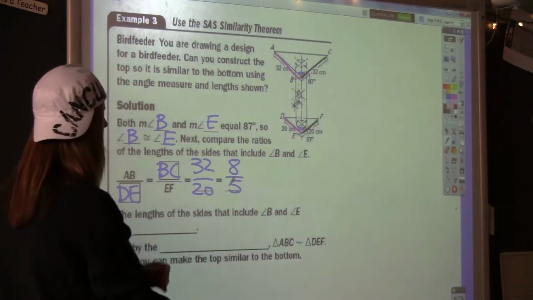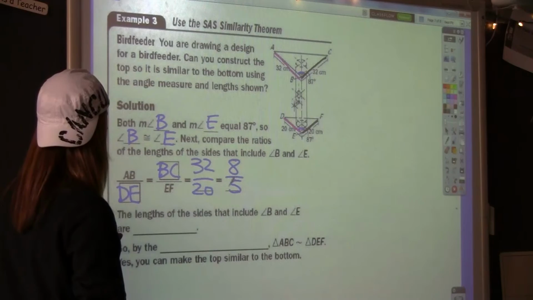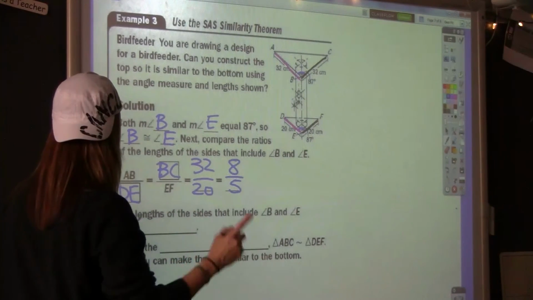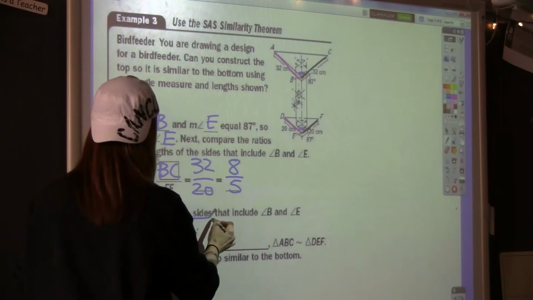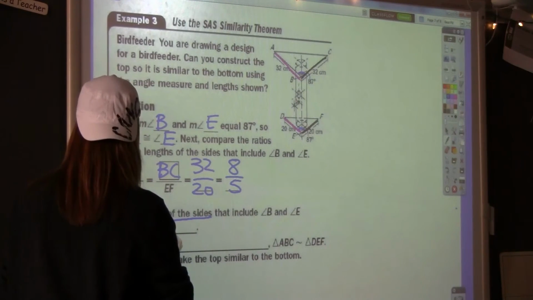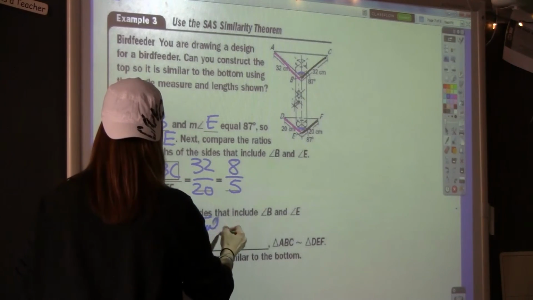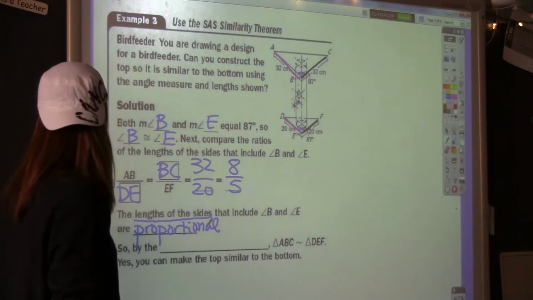All right, page 5. So the lengths of the sides that include angle B and angle E are proportional, the two triangles will be similar, but the lengths of the sides are... that's right.